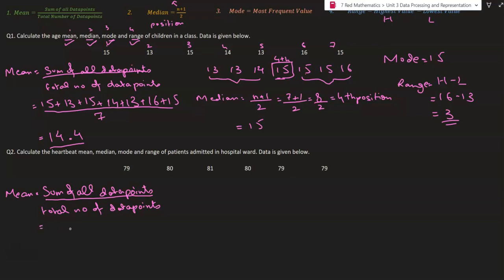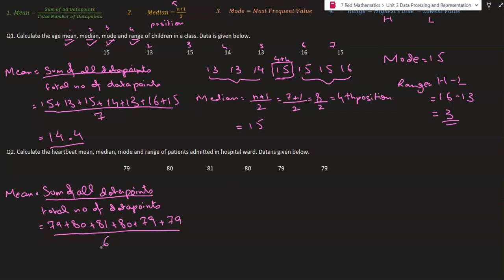So I have to add all of these for the sum of data points. So it's 79 plus 80 plus 81 plus 80 plus 79 plus 79. And we will see that we have to divide it by the total number of data points. So that's 1 data point, 2, 3, 4, 5, and 6.